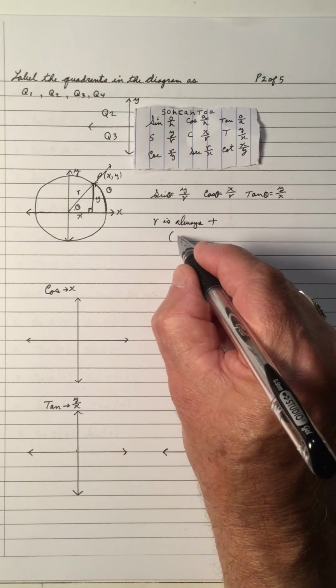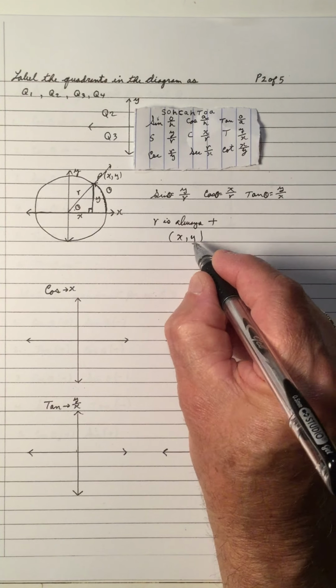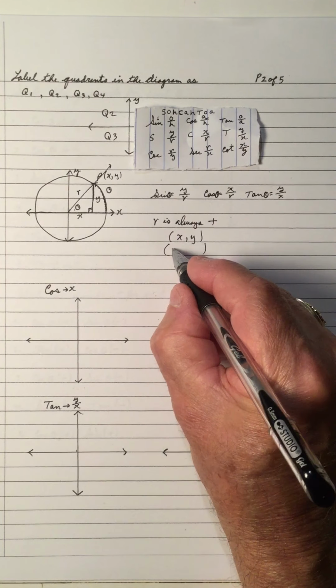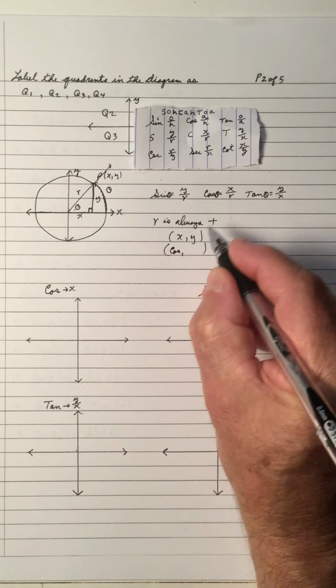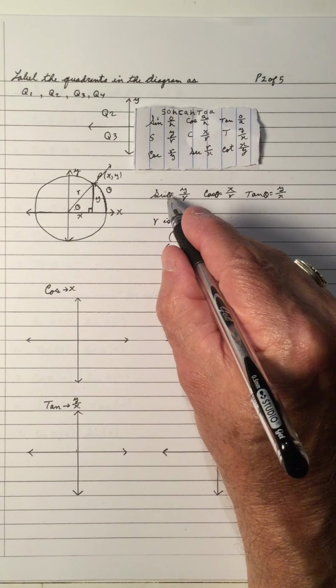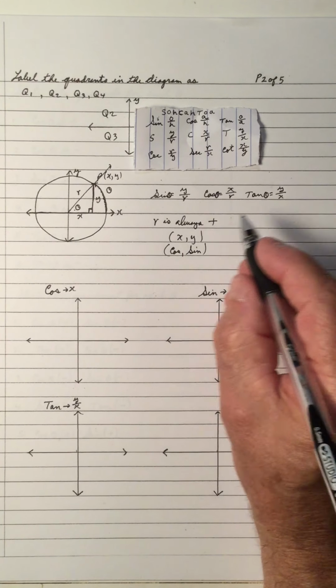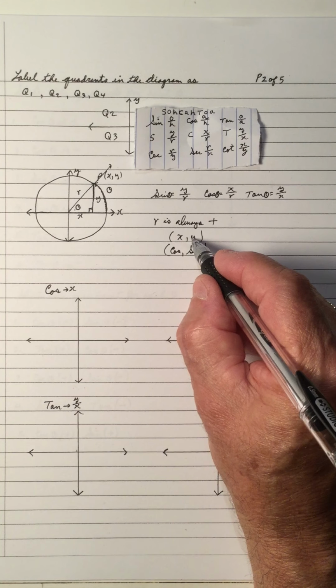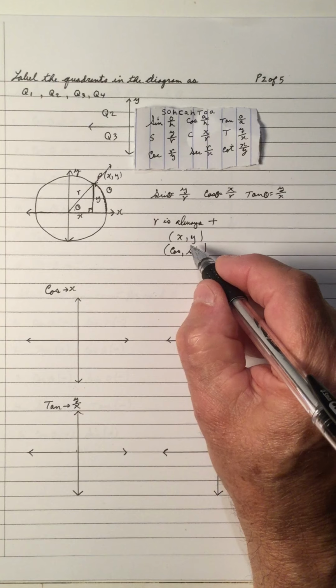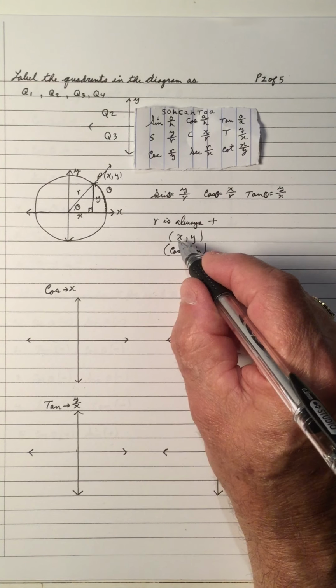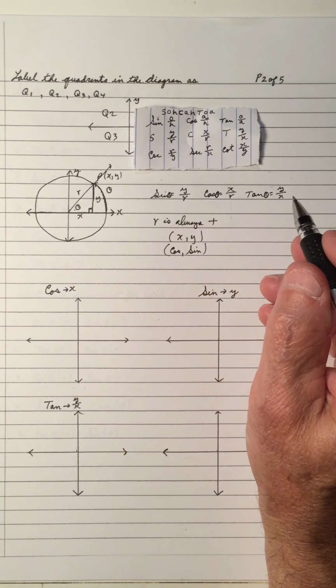And we have a point x, y, but I just want to mention that x is associated with cos, and y is associated with sine. The little way that I remembered: x is before y, so c is before s. So cos is with the x, sine is with the y.